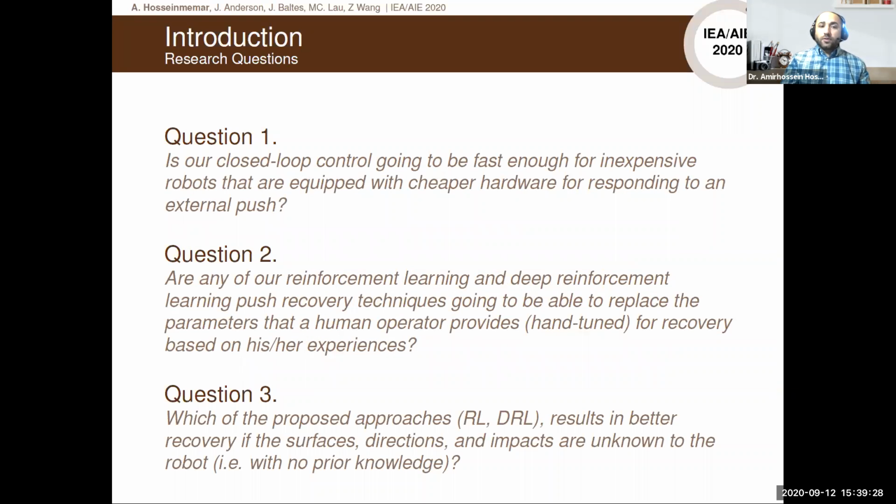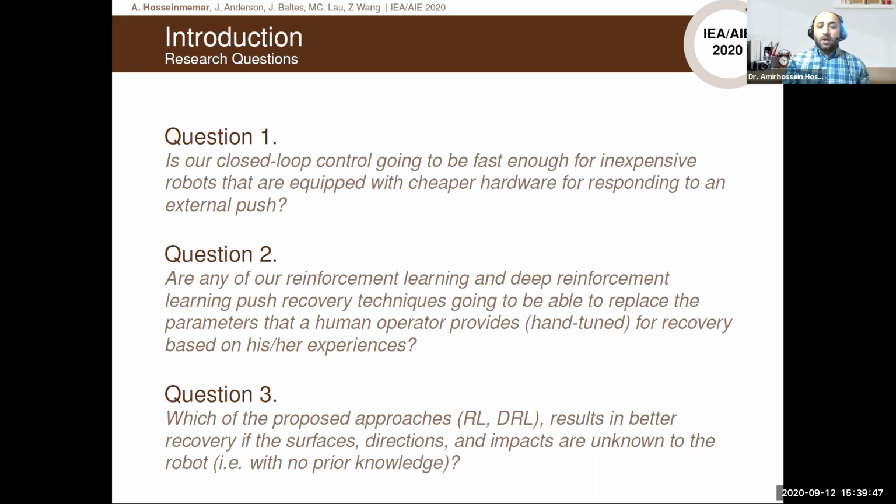So for this research, we have come up with 3 questions. The first question is, is our closed loop control going to be fast enough for an inexpensive robot equipped with cheaper hardware to respond to an external push on time?